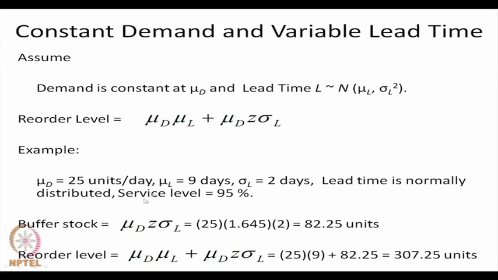Then the buffer stock is, just apply this one, mu d Z sigma L. Z is 1.645 from normal distribution table, sigma L is 2 days and mu d is 25 units, that comes to 82.25 units. The reorder level is the expected demand, that is 25 into 9, which is 225, plus 82.25, that makes it 307.25 units. So, this is the case of constant demand and variable lead time.